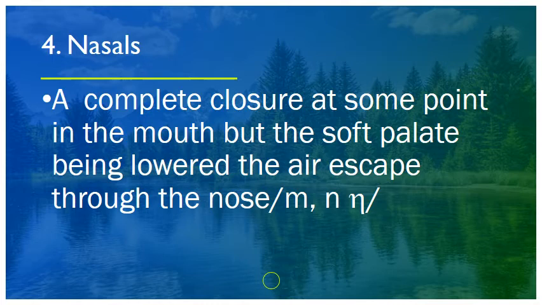When you remember the movement of the soft palate together with the uvula, you know that the soft palate is an active articulator that can be moved upward and downward. When the soft palate is moving upward, then the air from the larynx is going to come out through the oral cavity.